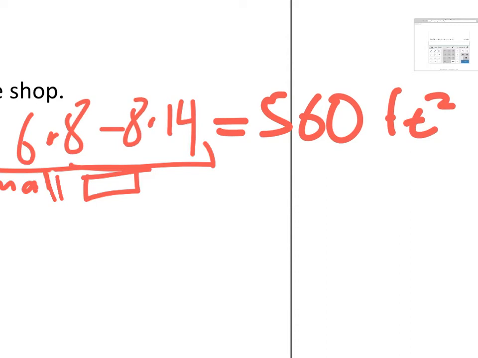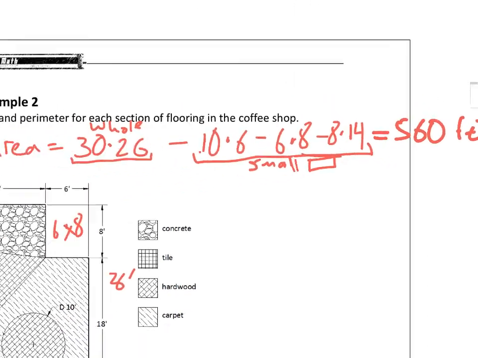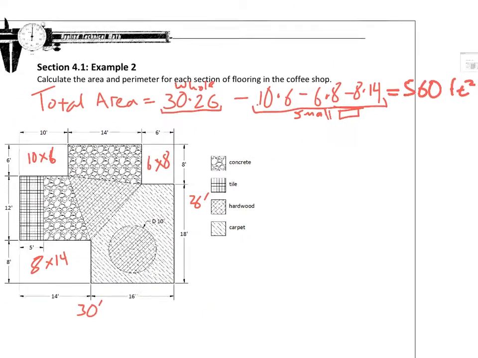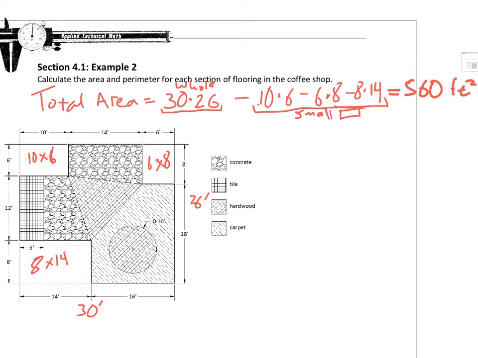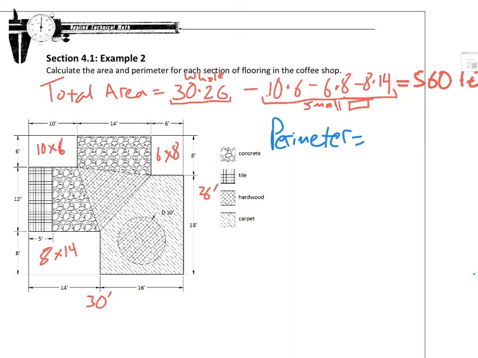Great. So we got our total area. And now our perimeter. So a little technique for the perimeter is this. Right, perimeter. The total perimeter. All right, so let's see if we can figure out the distance all the way around this thing.